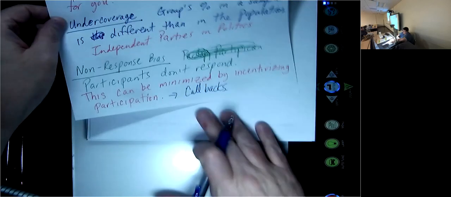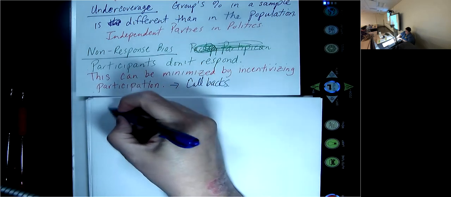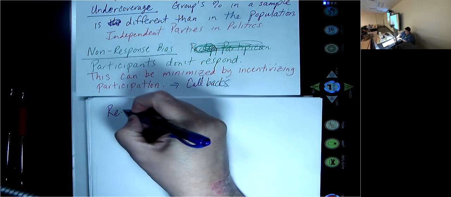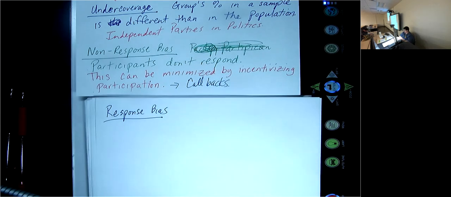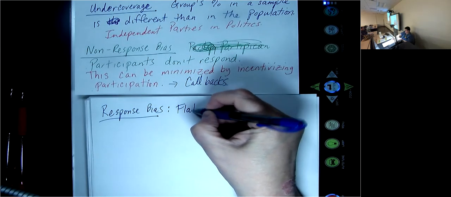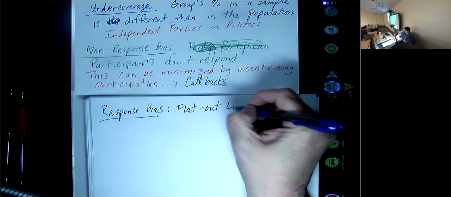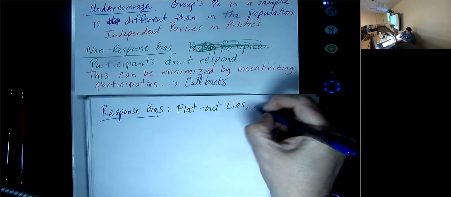Another type of bias, the opposite of the non-response bias, is the response bias. These can be as simple as just flat out lies. Or things are misrepresented.